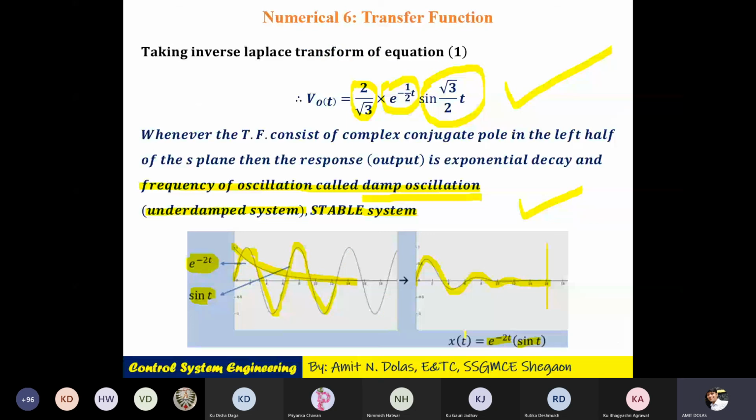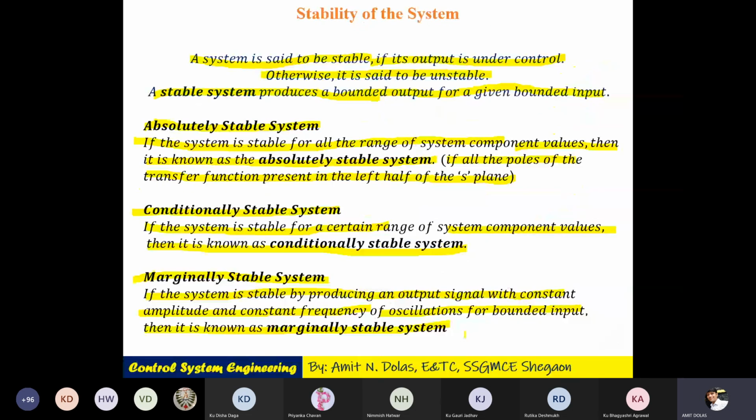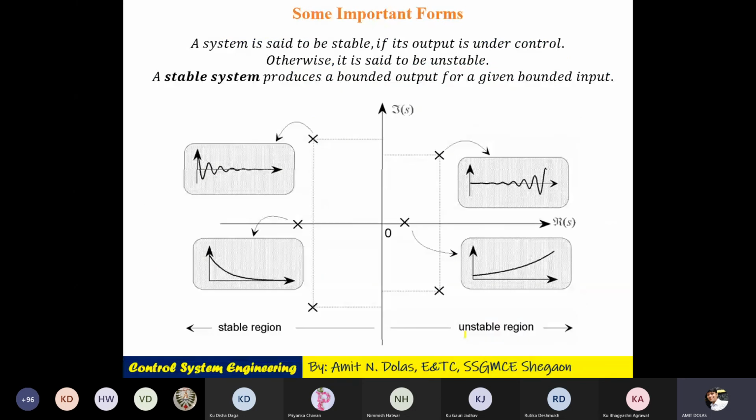The underdamped response we got is stable. And conditionally stable will be for a set of values. If it is stable then, it is called conditionally stable.